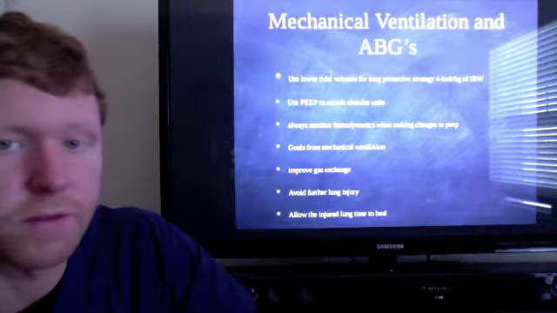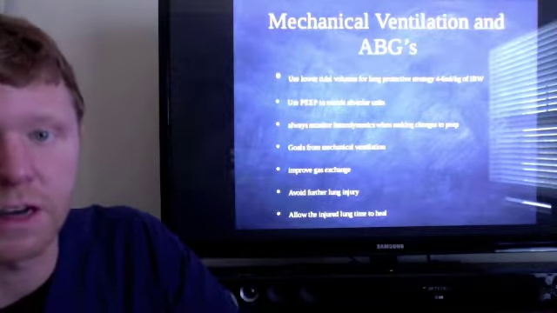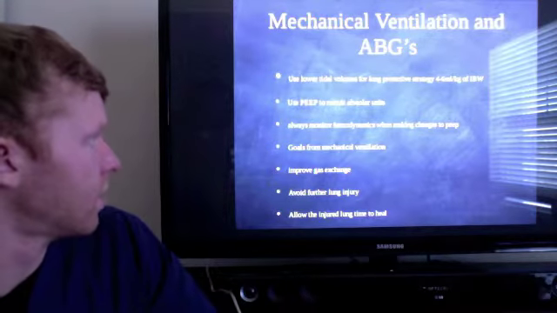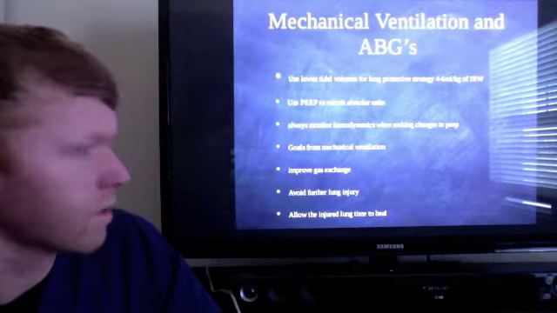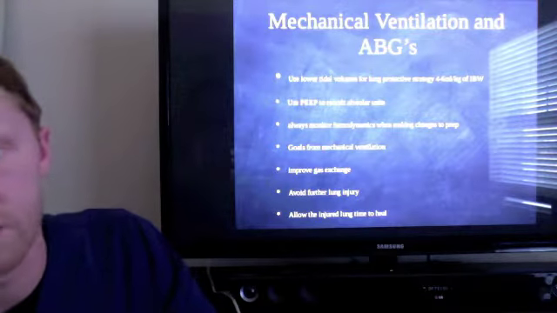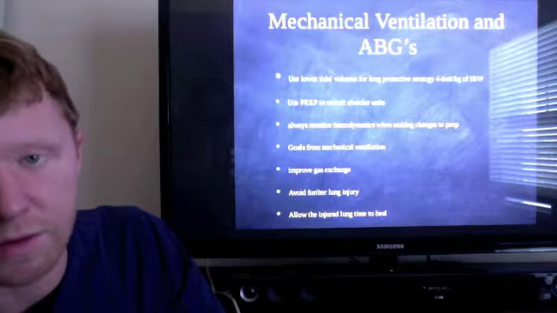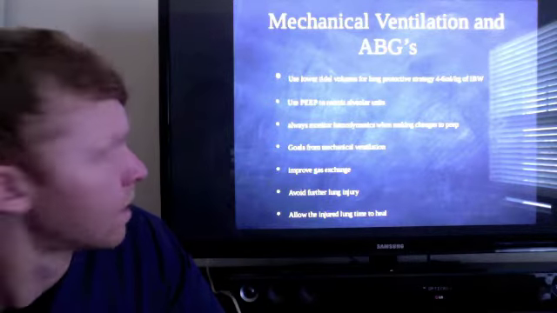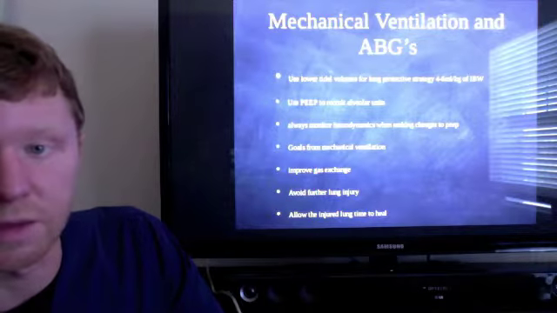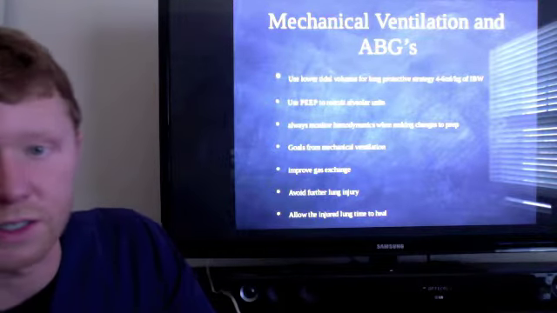So we're going to use that 4 to 6 milliliters per kilogram of ideal body weight range. Use PEEP as it recruits the alveolar unit, so the alveoli that are being damaged from the ARDS, that PEEP can be very helpful in increasing oxygenation. So always monitor hemodynamics when you're making changes to PEEP. This is very important, not to just make changes and walk away.